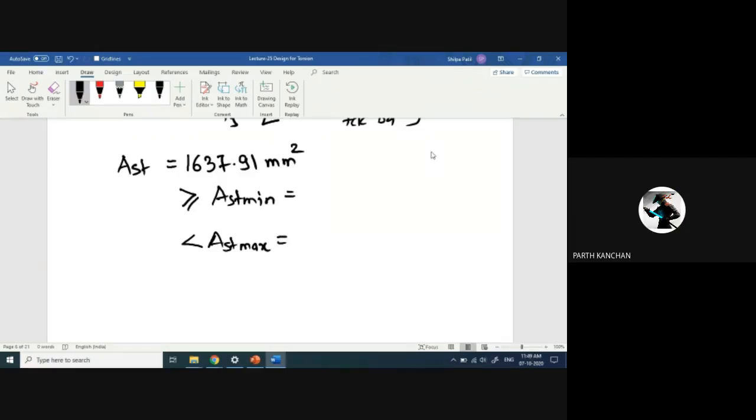AST minimum is 216.7. Okay. And maximum? 4,600. Okay. So we have to provide this area only.